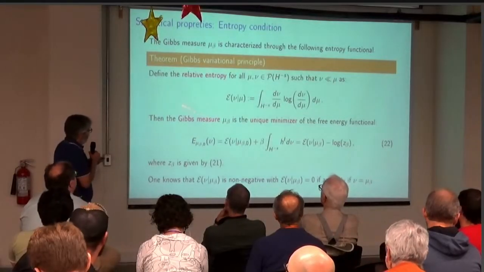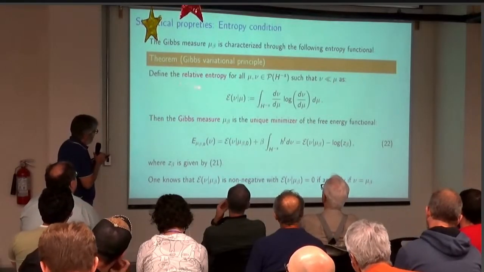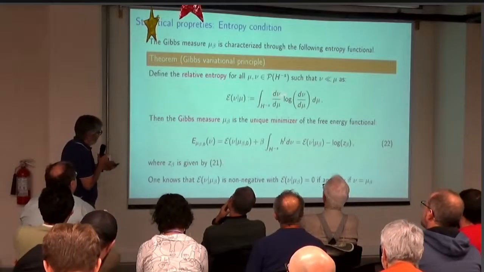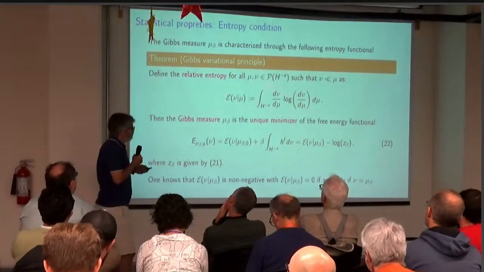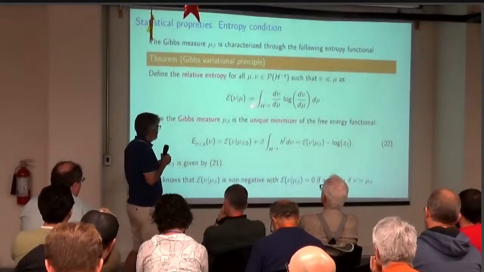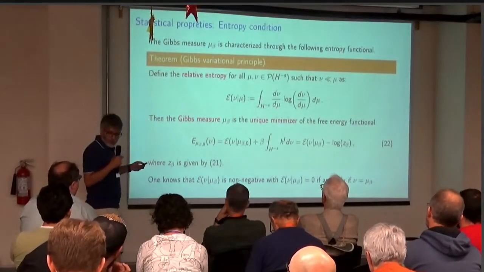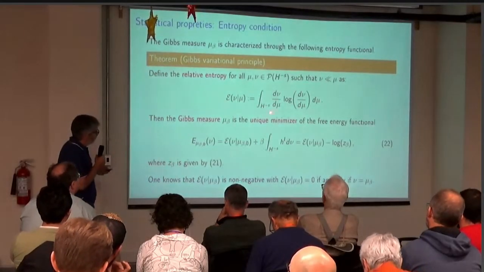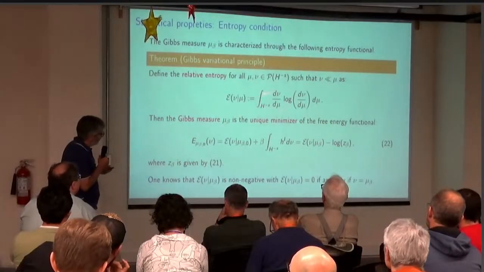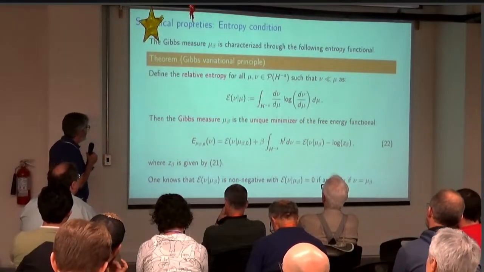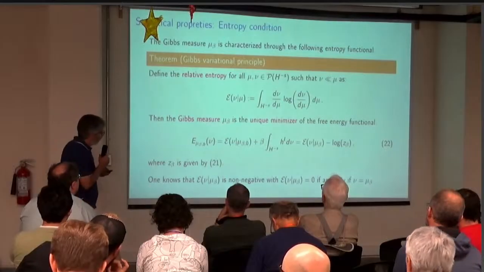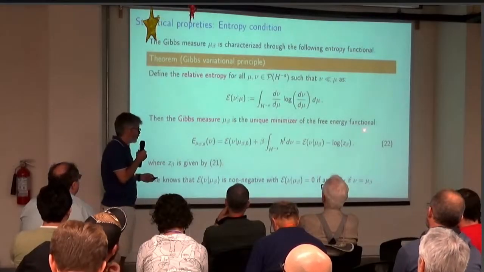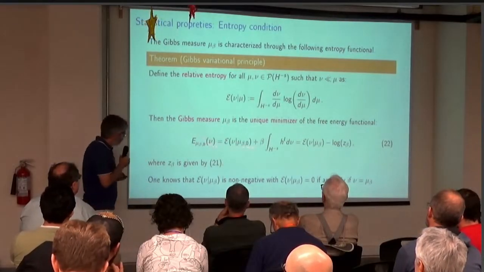For entropy, you define the relative entropy in this way. This is the standard way to define it. Of course, we are in infinite dimension, but it doesn't really matter; it's similar to finite dimensions. So you define that this quantity is the relative entropy, and then the Gibbs measure mu_beta is the unique minimizer of the free energy functional, which is given by this quantity.